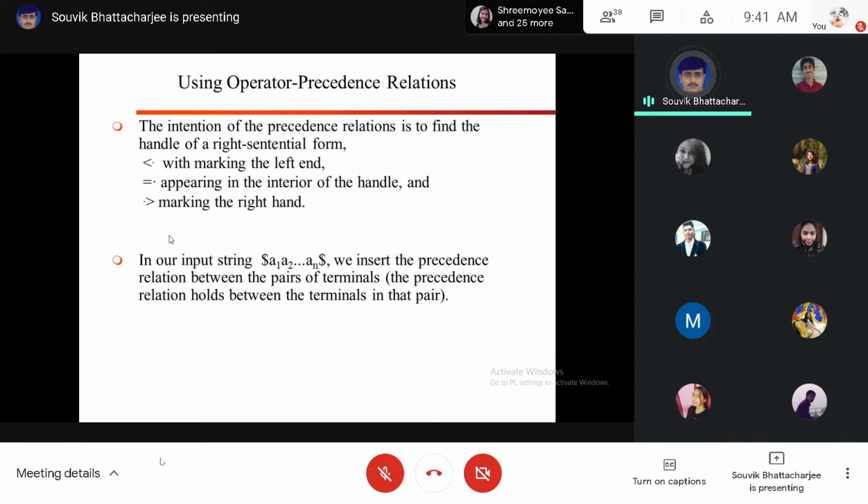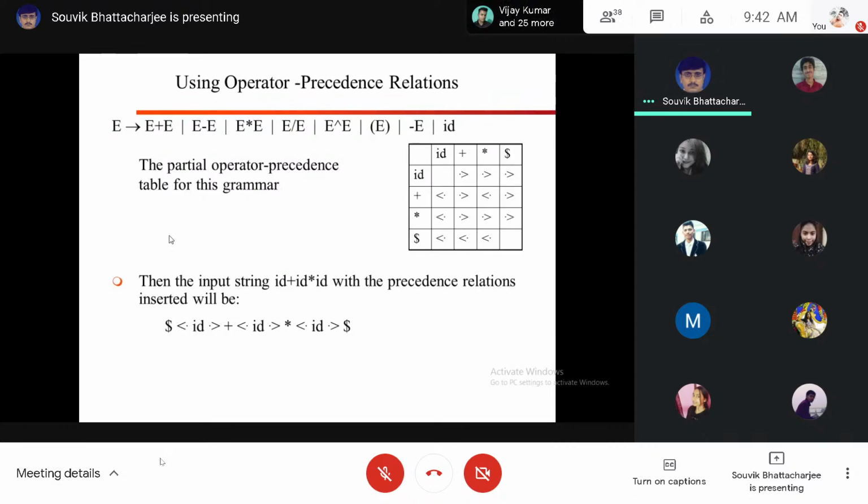In the string A1, A2, up to An, we insert the precedence relation between pairs of terminals. That means we insert precedence relation between dollar and A1, between A1 and A2, between A2 and A3, in this way, and An and dollar. That means the precedence relation holds between the terminals in that pair.